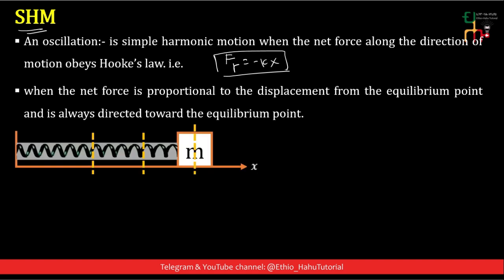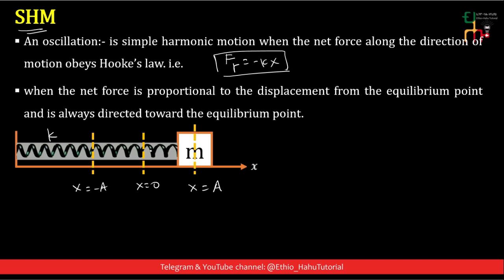Having said that, let's consider this mass spring system with a spring having force constant k, and let's consider this point is the equilibrium position and this is the maximum point of oscillation, x is equal to a and x is equal to minus a.